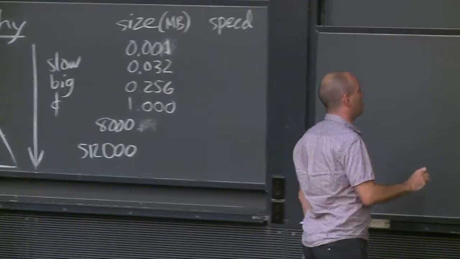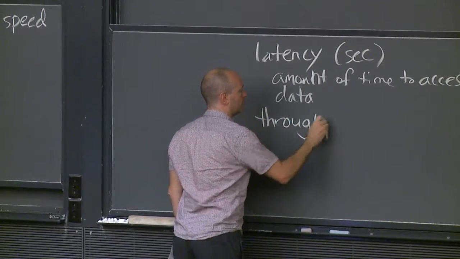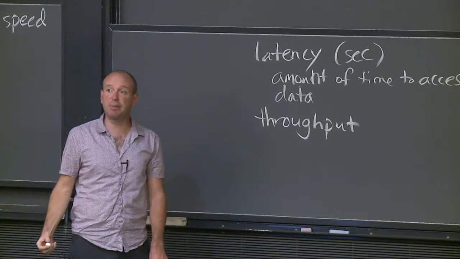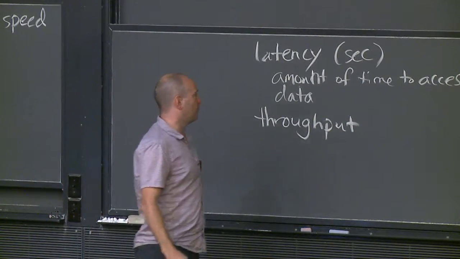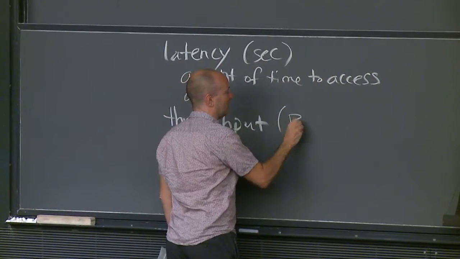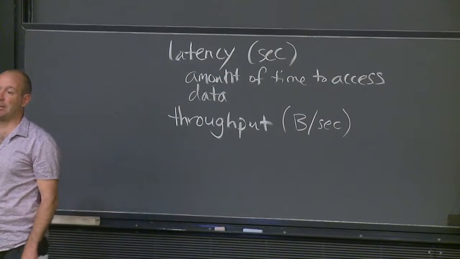Then there is throughput. This is the other way that we measure the speed of storage. Throughput is measured in units of bytes per second, or multiples of that, so megabytes per second.